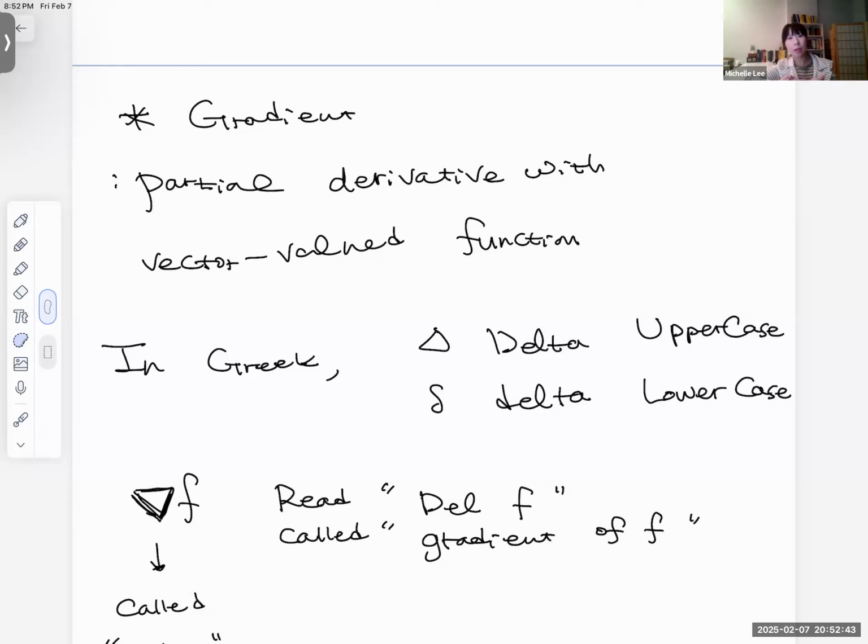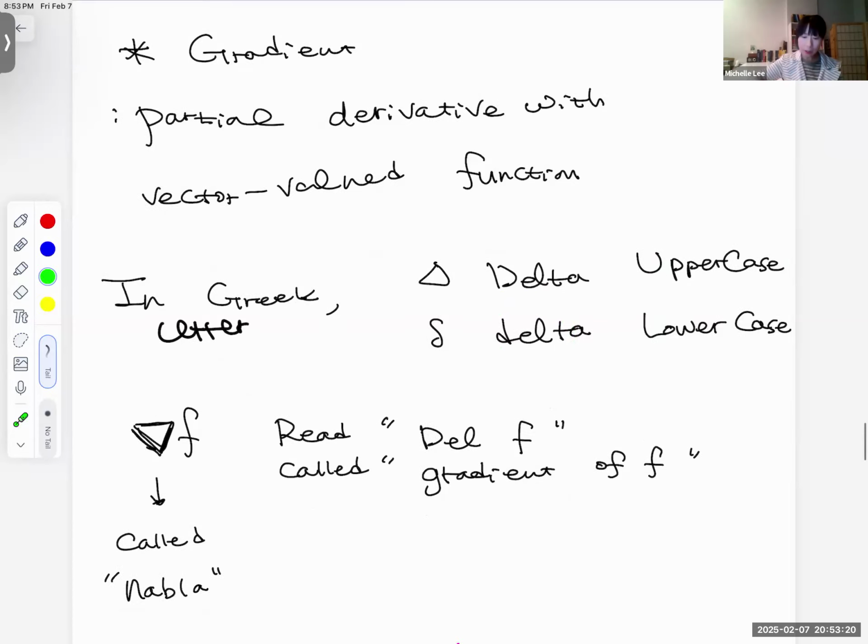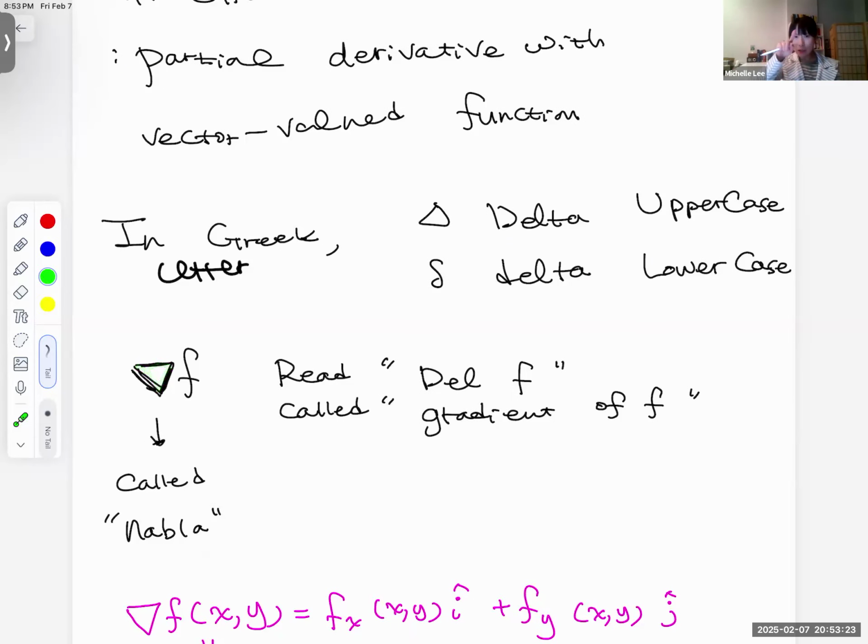So this is also a partial derivative because we have more than one variable: x, y, z, or w. But in that case, we have a vector valued function. In Greek letters, we have the triangle symbol, uppercase delta, and lowercase delta. And then we have an upside down triangle.